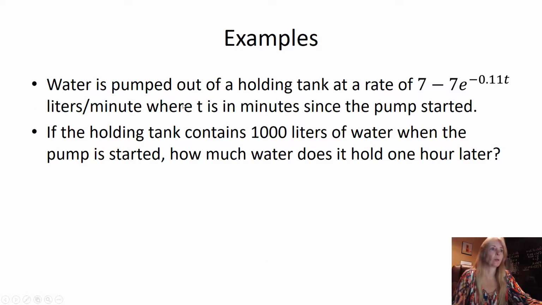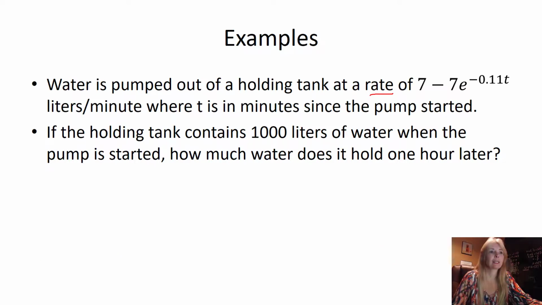All right, next is water is pumped out of a holding tank at a rate, there's your keyword, rate, of this function in liters per minute, so I know that's a rate, where t is in minutes since the pump started. So in other words, when I find this integral, my answer will be in liters.